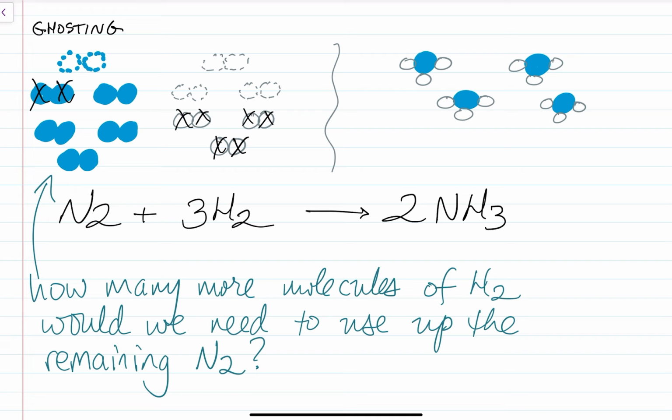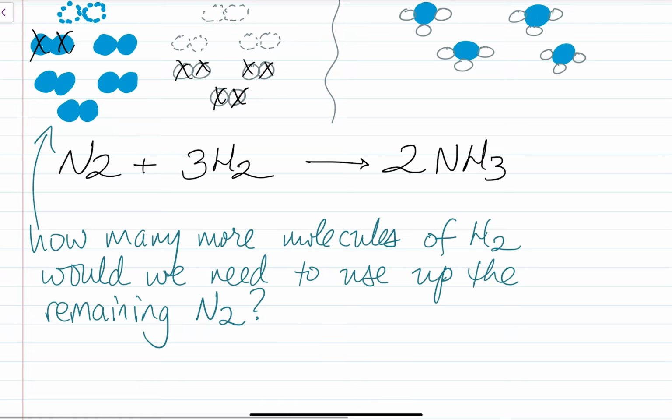So now my question is this. We got 4 molecules of nitrogen left. If I said, hey, we got to order more hydrogen, how much would we need? For every N2, how many hydrogens does it cost? 3. 1, 2, 3, 4.